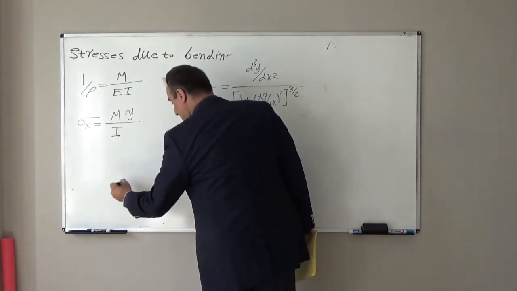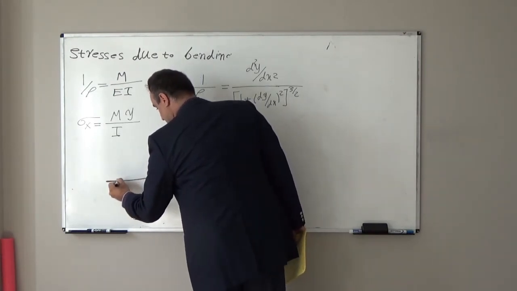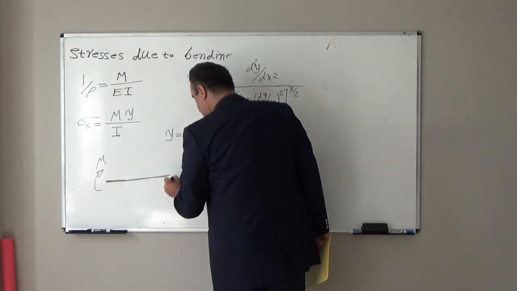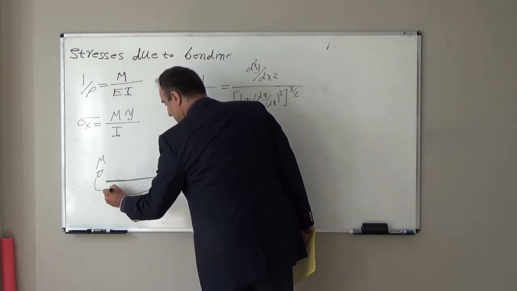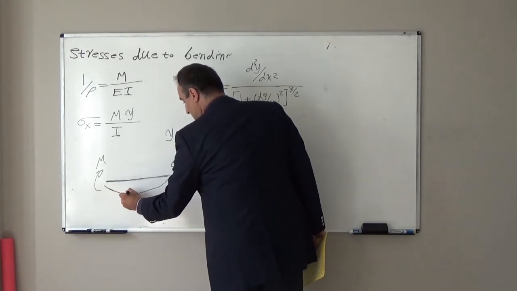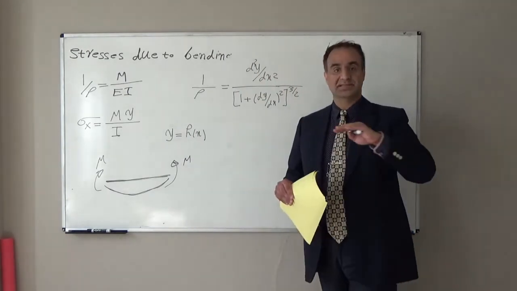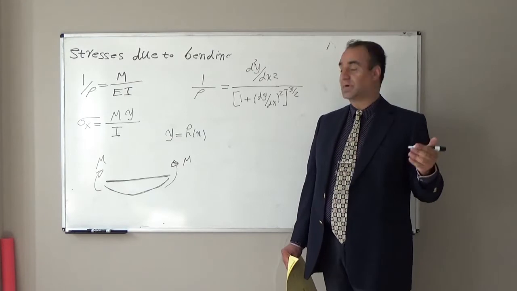If we have one beam, initially beam is a straight line. After we apply moment, it will deform, and this will be a curve after deformation. Initially it is a straight line. After deformation, the shape is curved.